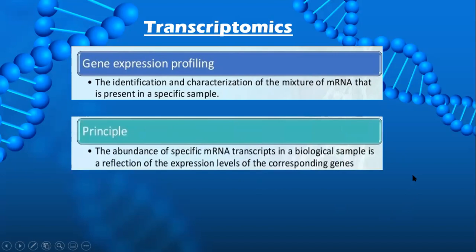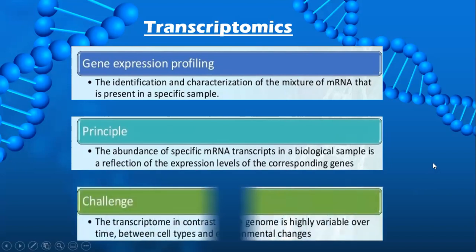The principle behind it is that the amount of a specific RNA transcript in a biological sample is a reflection of the expression levels of the corresponding genes. The main challenge with the transcriptome, in contrast to the genome, is that it is highly variable over time and even between cell types, and the environment can also change the transcriptome.